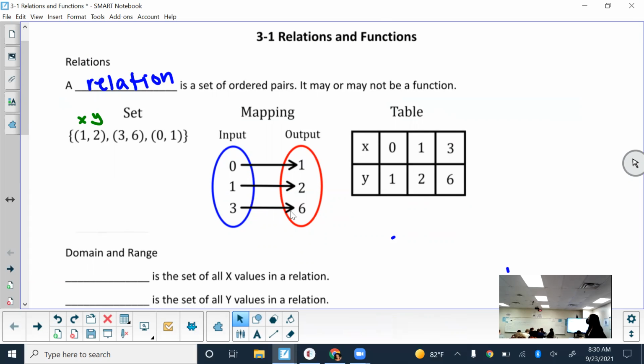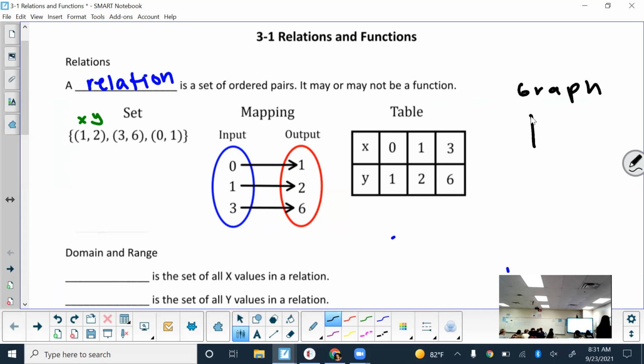And then we have a table. And then we also could have a graph. So I'm going to have you fill this in. We could also represent it as a graph. And those graphs could either be continuous. I'm just drawing a random example. There's a ton of ways I could draw a continuous graph.